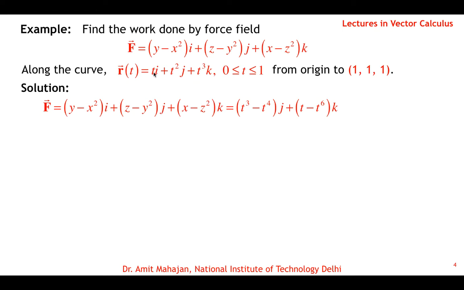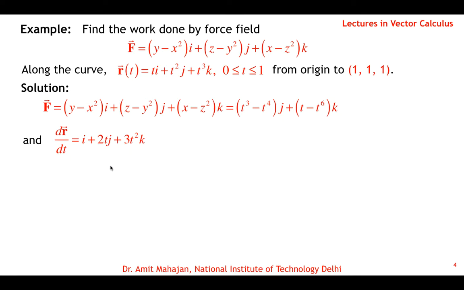So x is t, y is t squared, z is t cubed, which we can substitute. And r(t) is already given, so we can calculate its derivative dr/dt. That will be i plus 2tj plus 3t squared k, where i, j, k are unit vectors along the x axis, y axis, and z axis.